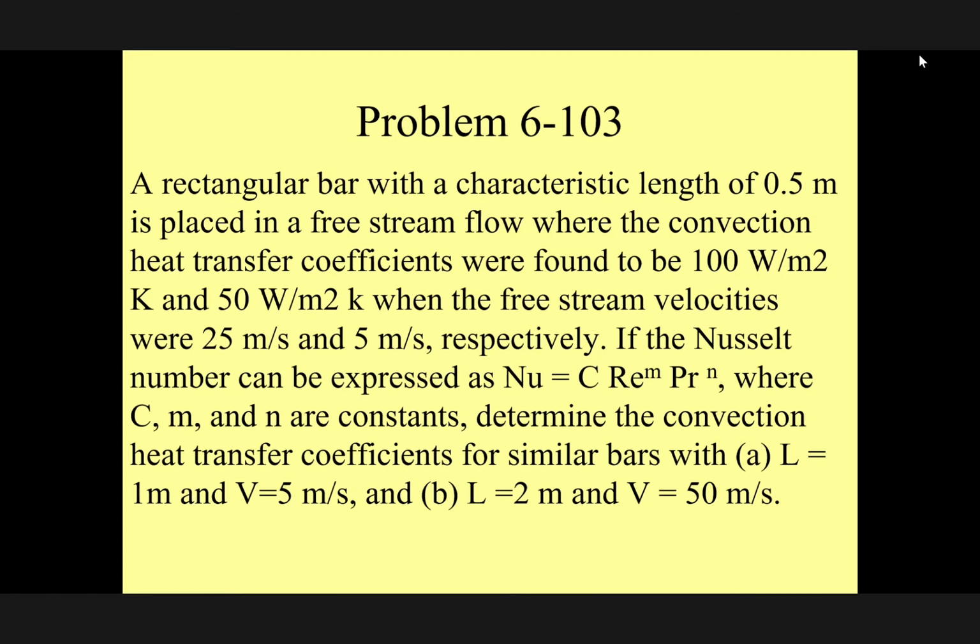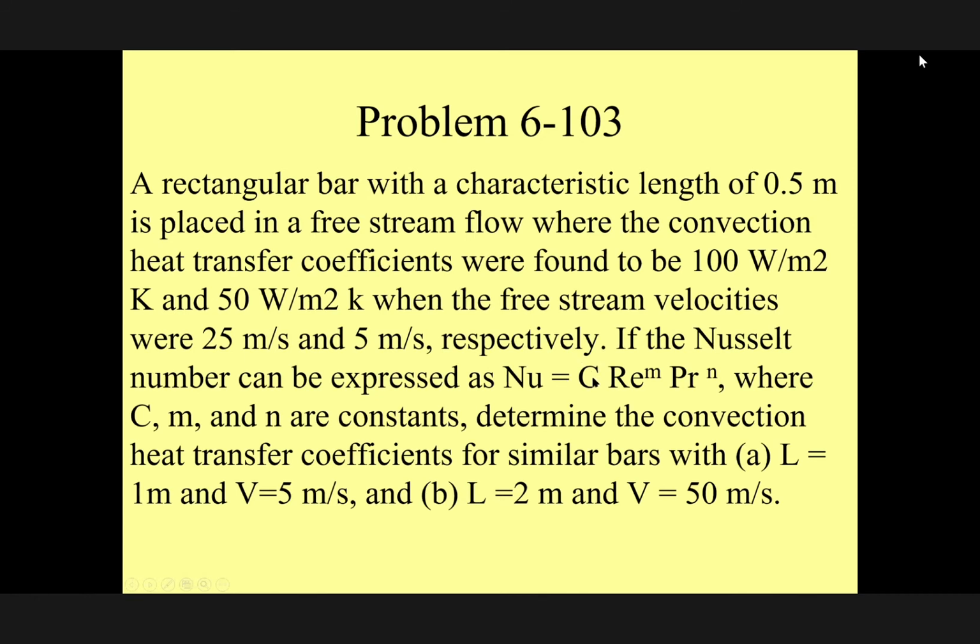Therefore, we have a bar whose length is 0.5 meter. When they change the air velocity from 25 to 5, the convective heat transfer coefficient changes from 100 to 50. In general, we can express the Nusselt number as a function of a constant.